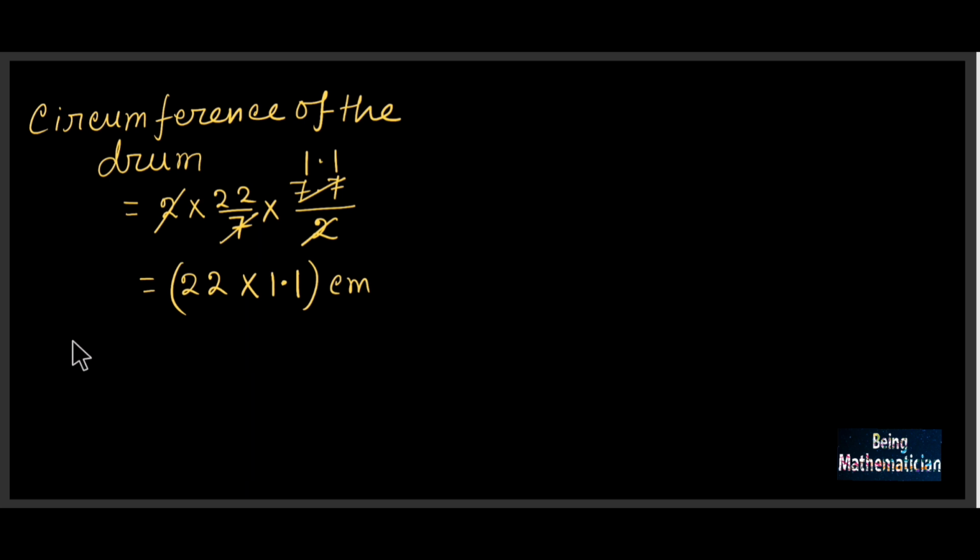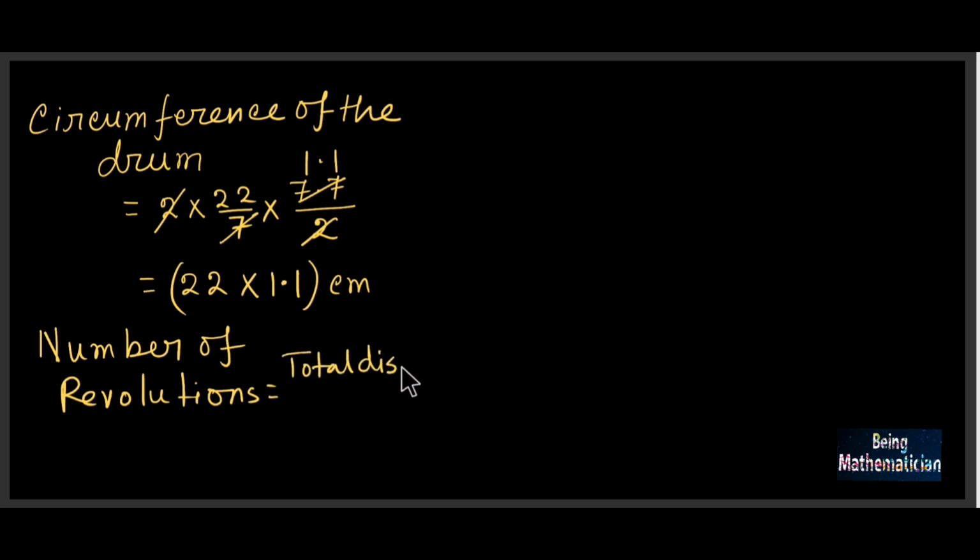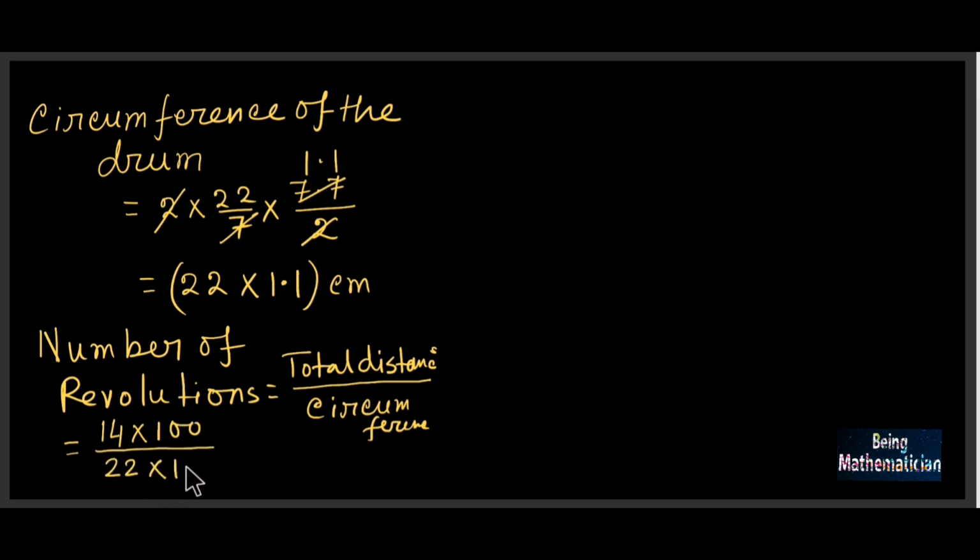Now the total distance is 14 meter because the bucket is raised by 14 meter. Now we know that the number of revolutions must be total distance by circumference. Now given that total distance is 14 meters, so 14 meter can be converted into centimeter, so multiplied by 100, and circumference is 22 into 1.1.